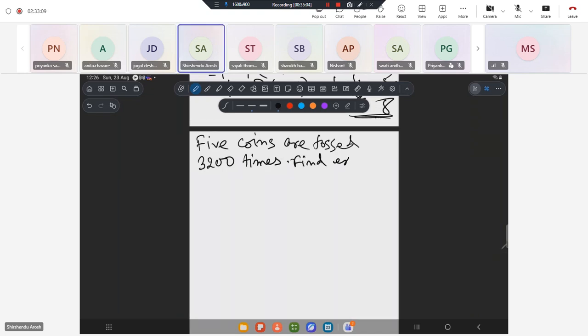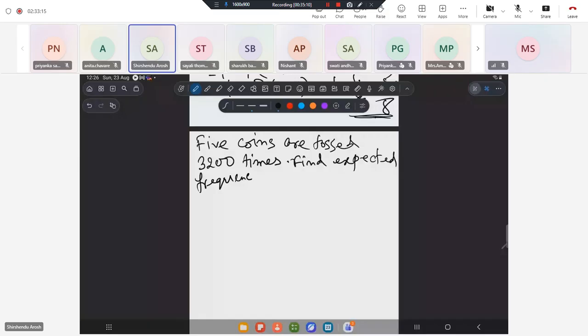Find expected frequencies of the distribution and the mean and standard deviation also.